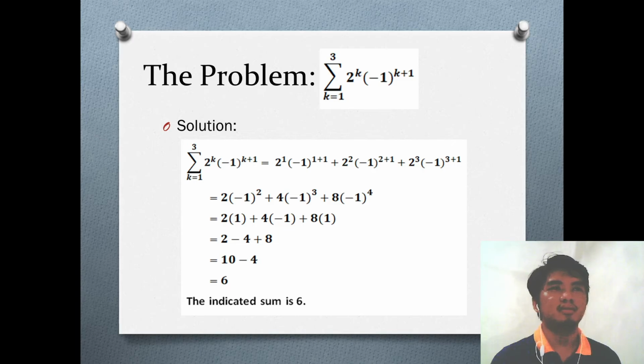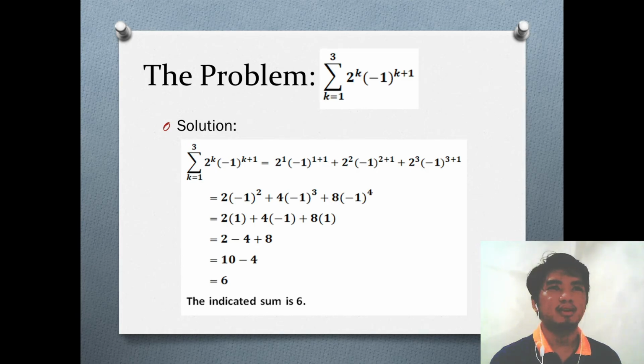So first we're gonna solve the k value first. So 2 to the power of 1 is 2, and 1 plus 1 is 2, so negative 1 to the power of 2.